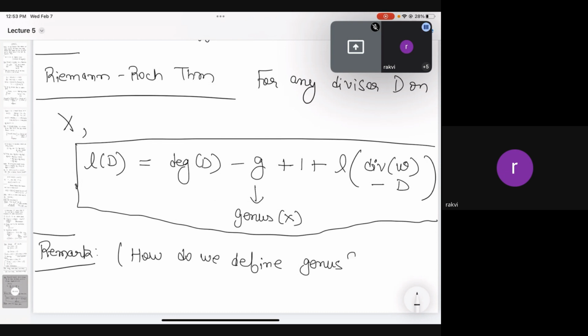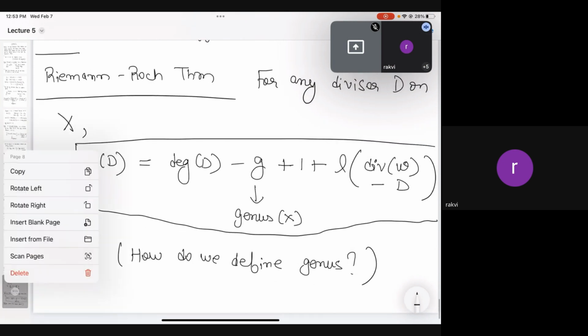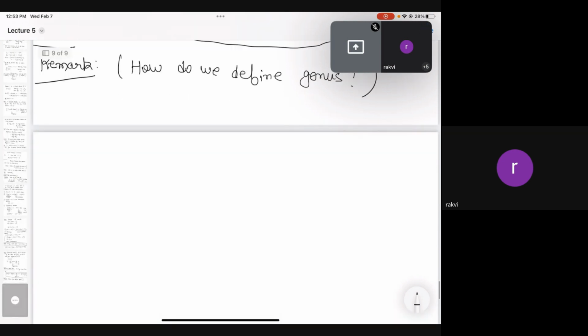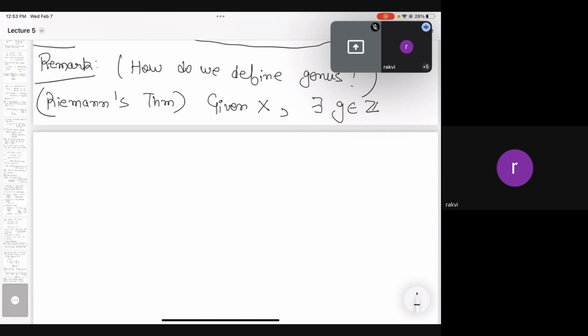It's purely in terms of divisors. So let me open a new page. This is Riemann's theorem. Given a curve X, there exists an integer g such that the following inequality holds: L of D is bigger than or equal to degree of D plus 1 minus g, for all divisors D.